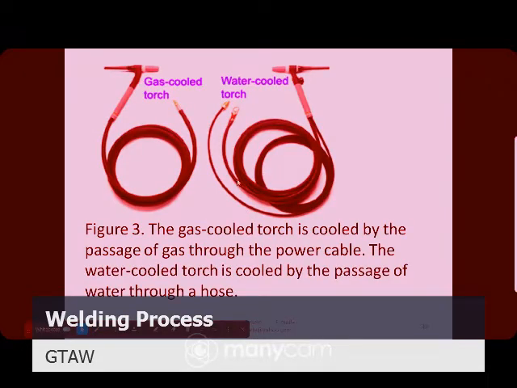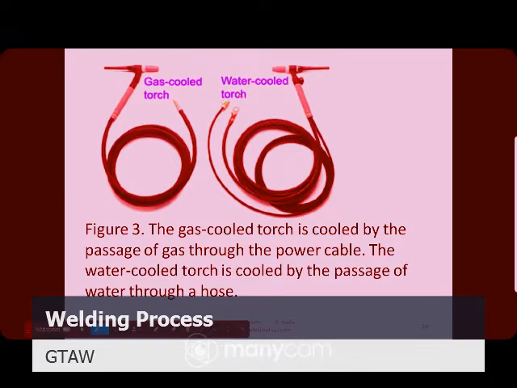The figure shows this one is the gas cooled type, which is lighter, and this is the heavier one. Physically, this is larger than the gas cooled type, and it also needs another hose for supplying water to the system.